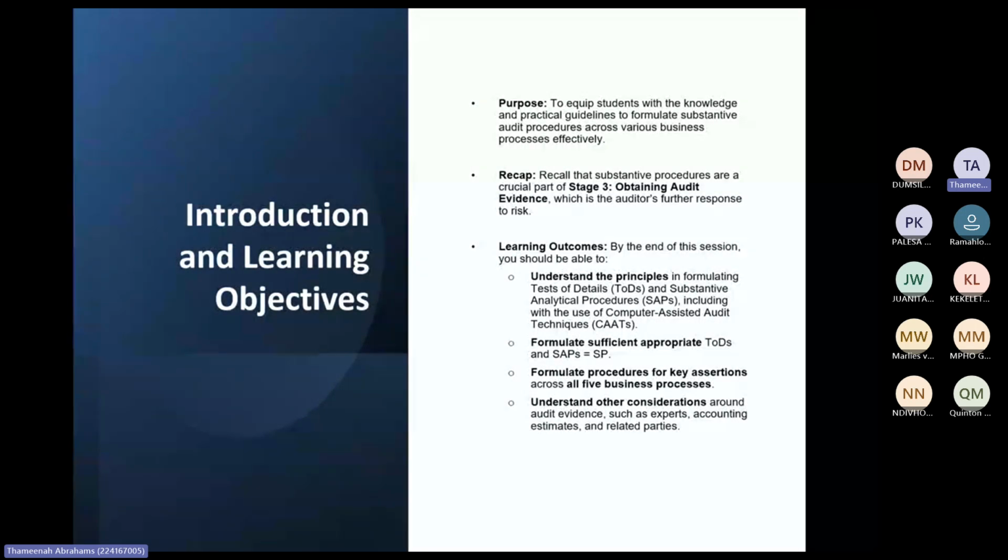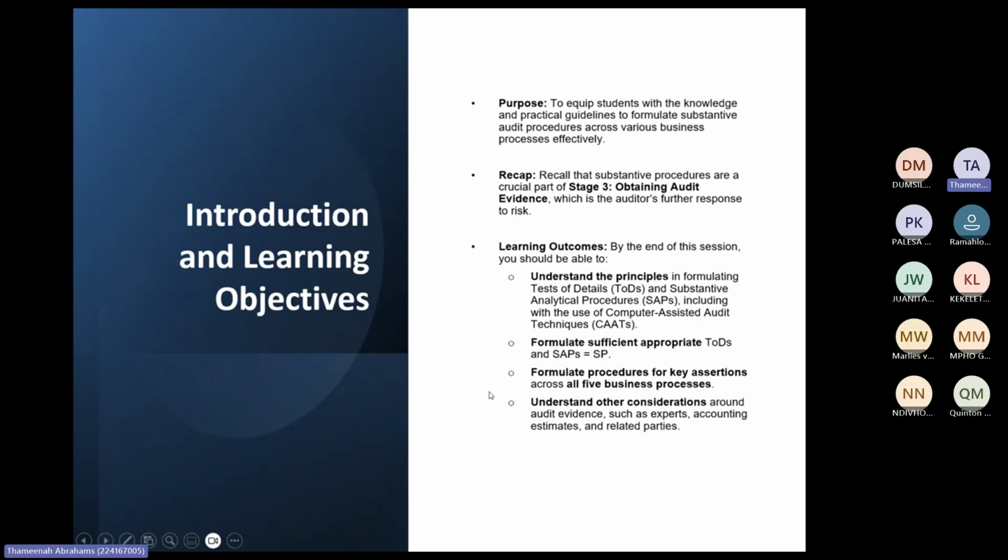Then we look at substantive procedures using computer-assisted audit techniques, which is CAATs. Then you also have to formulate sufficient appropriate tests of detail as well as substantive analytical procedures in order to score those marks.